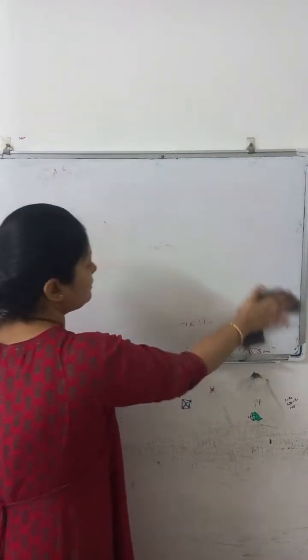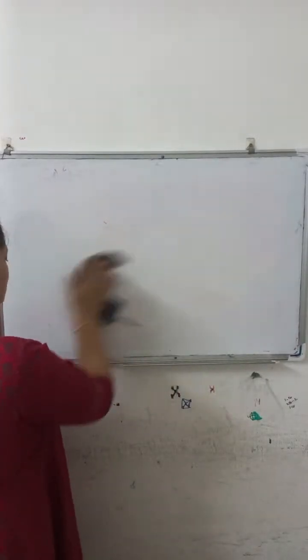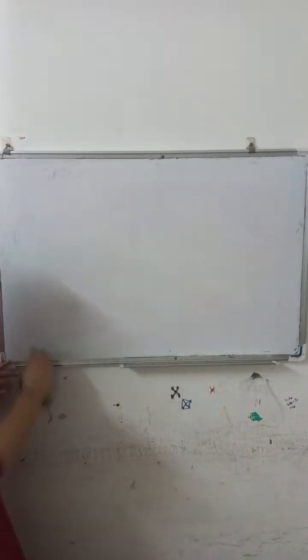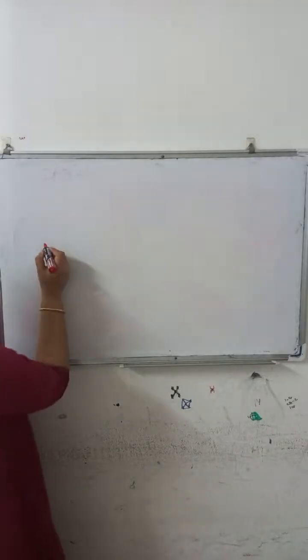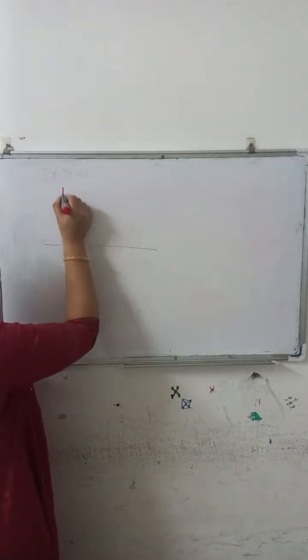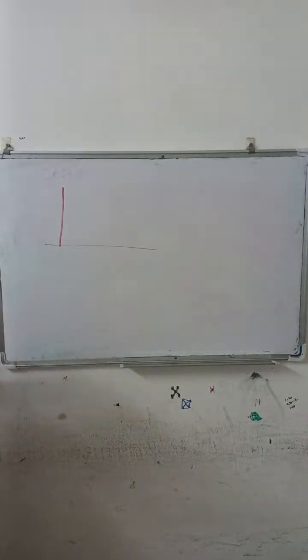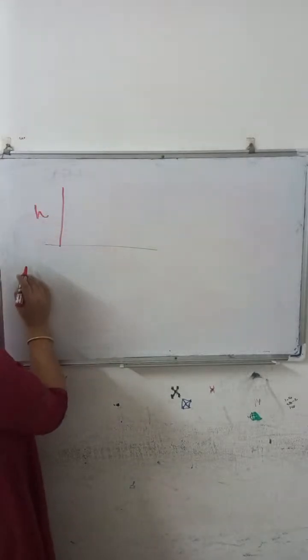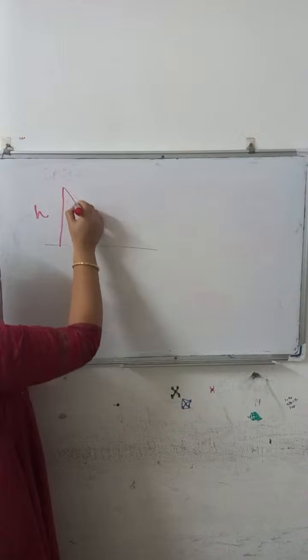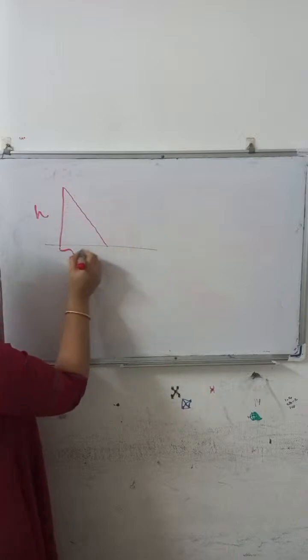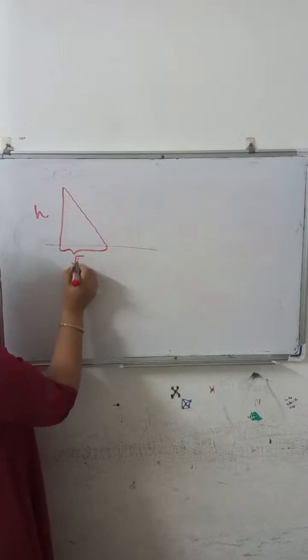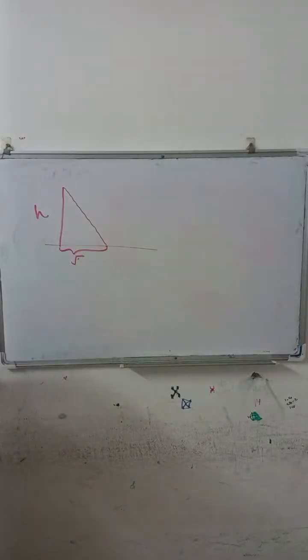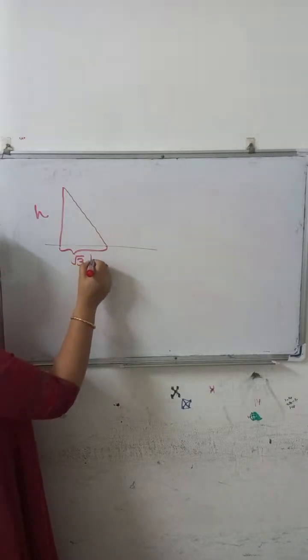See, for 1 mark also there are lots of calculations. Here we have one ground, and they gave one building or pole. Here a tower is given. The tower has height h, and it casts a shadow of root 3 into h.